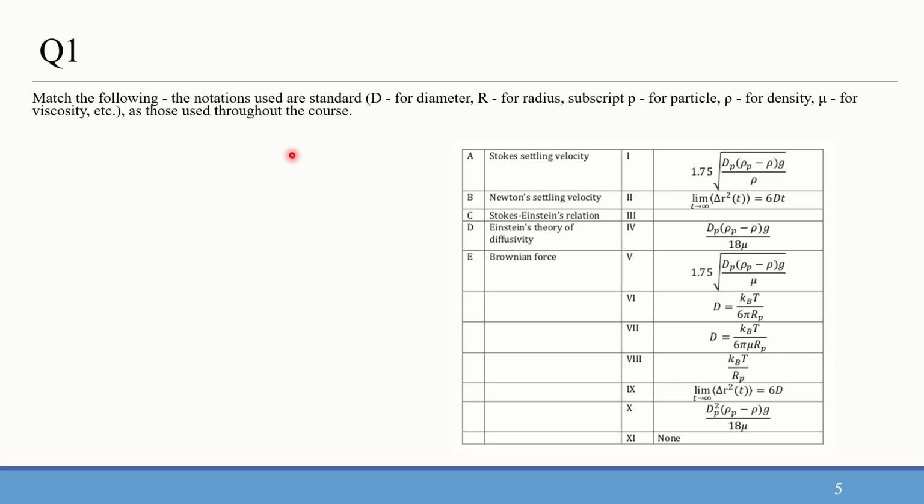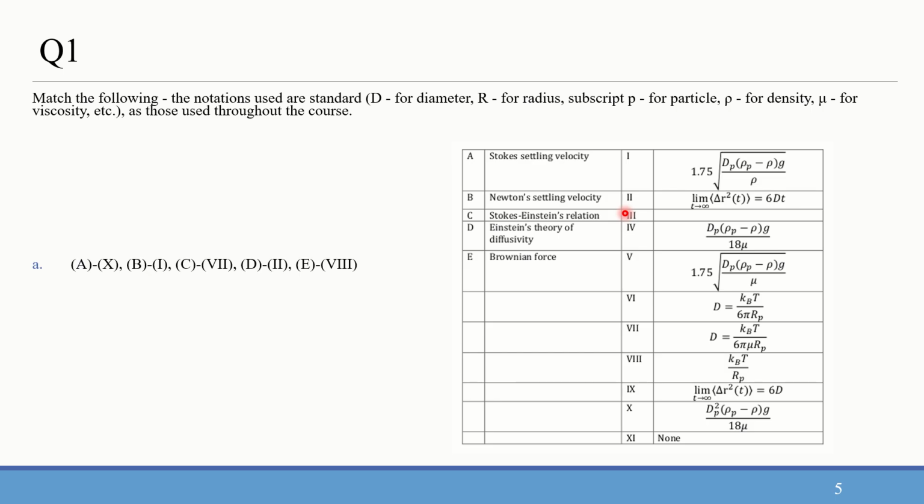Now we have to match the ones on this side with those on the other side. We have a few options. Let us first look at the options.